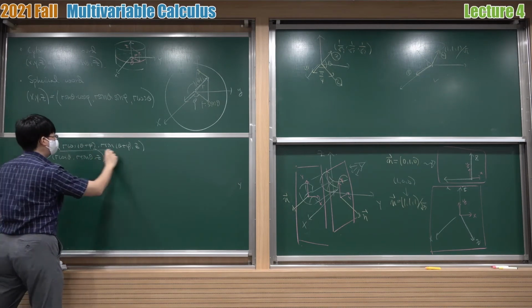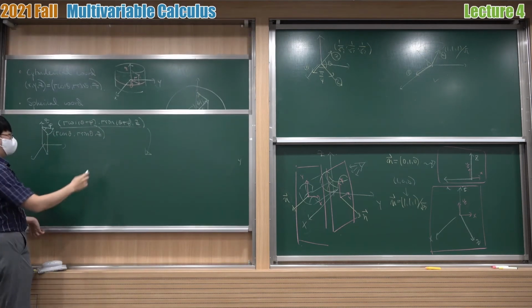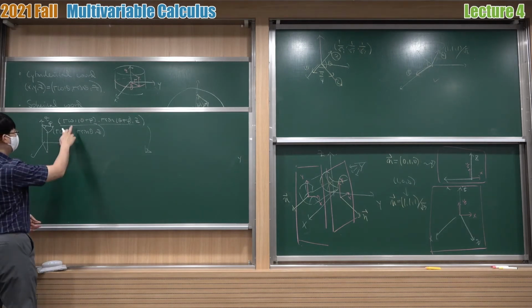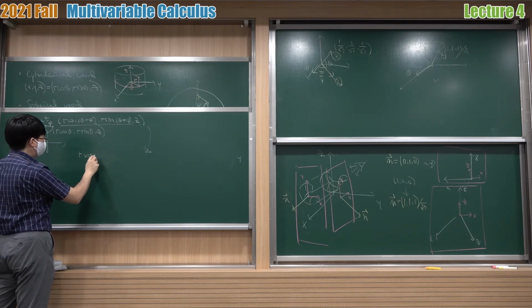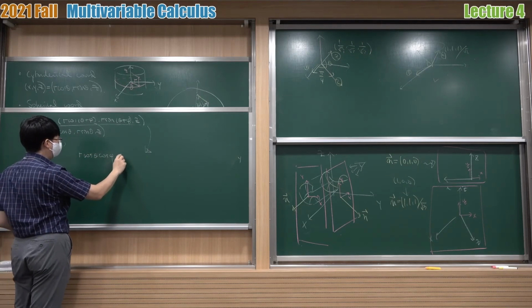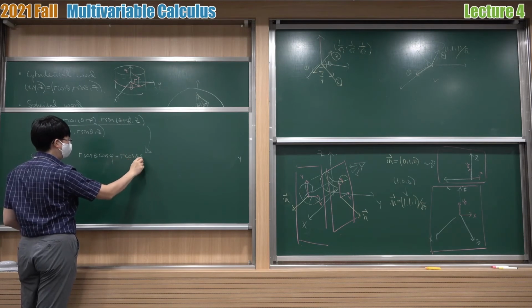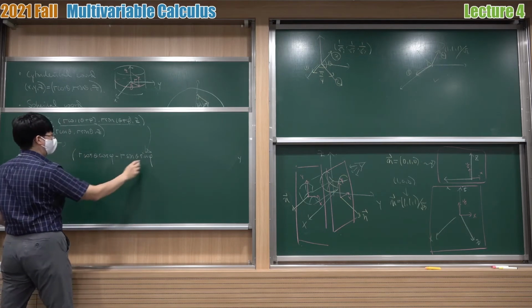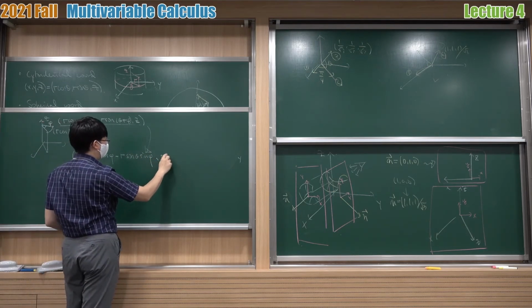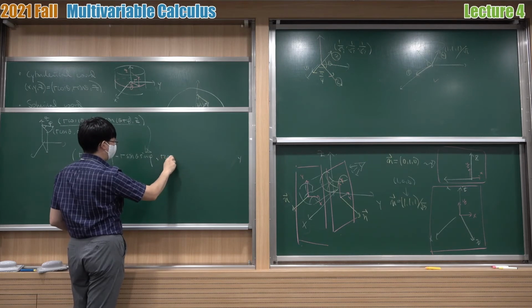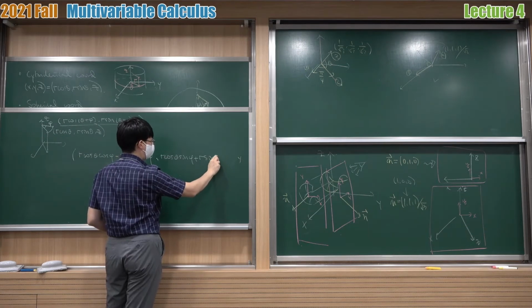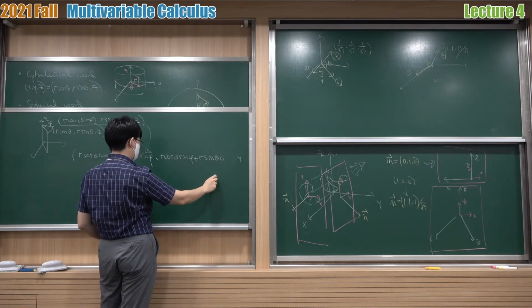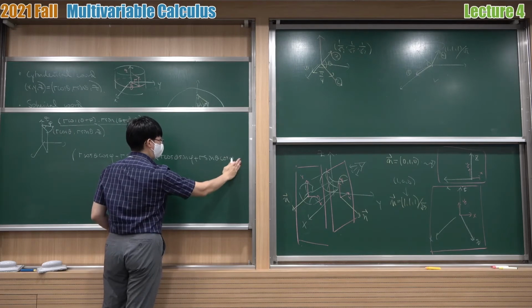So let's rewrite this point using trigonometric equations. When you have an angle sum inside of cosine, this is r cosine theta cosine phi minus r sine theta sine phi. And this one is r cosine theta sine phi plus r sine theta cosine phi, and z.